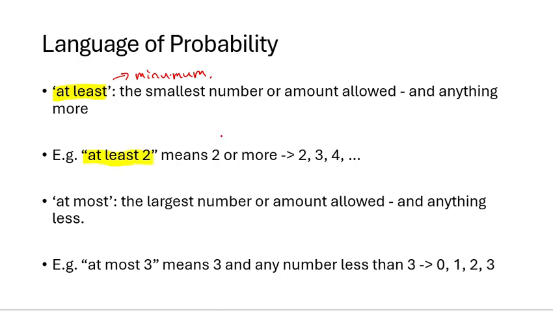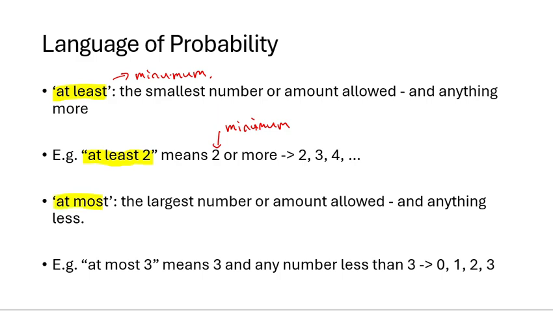That means 2 is my minimum right here, and basically any higher number. So, for example, if I roll a die and the question asks, what's the probability of rolling at least a 2, then you'd count 2, 3, 4, 5, and 6. And that's just how it goes.